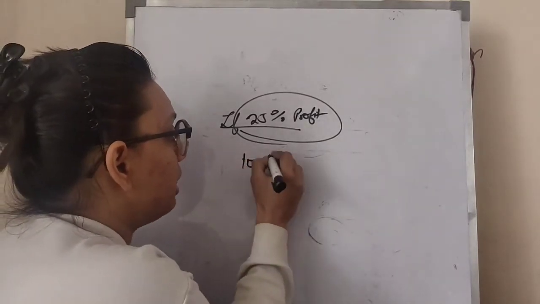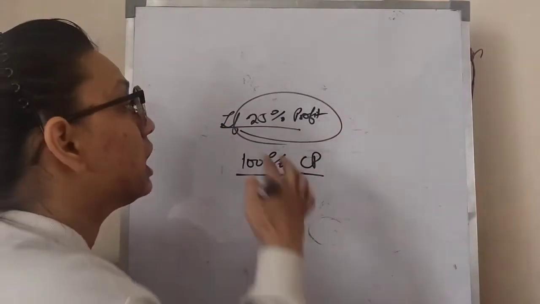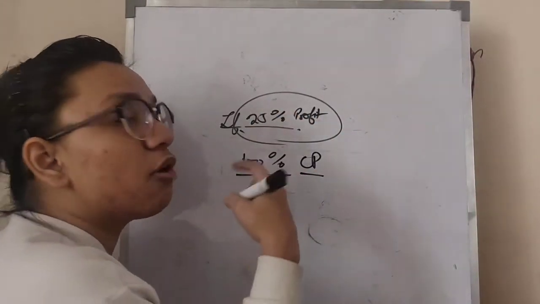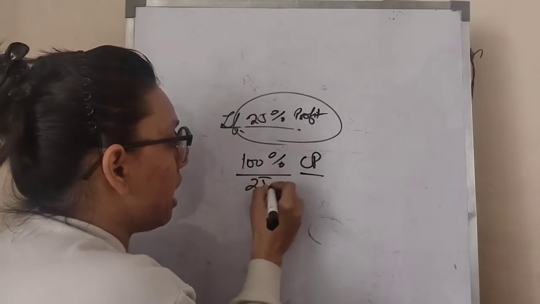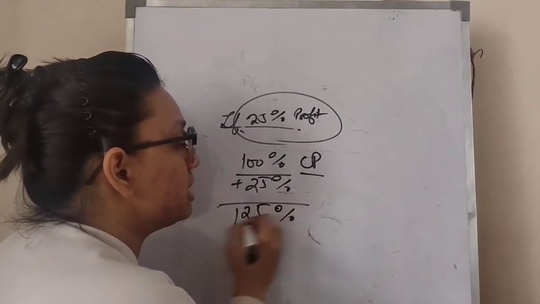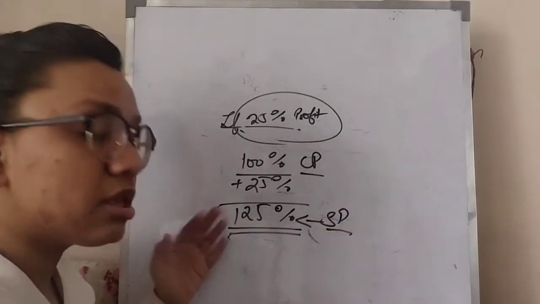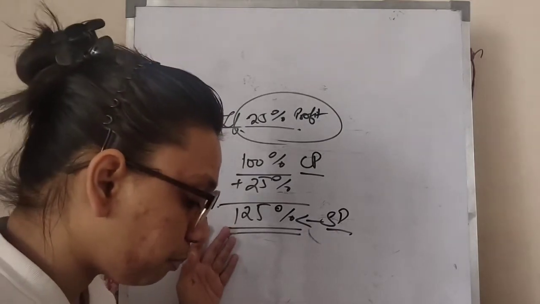Now 100% will be your cost price. Beyond this you will have 25% profit, so this becomes 125%. This will be your SP.